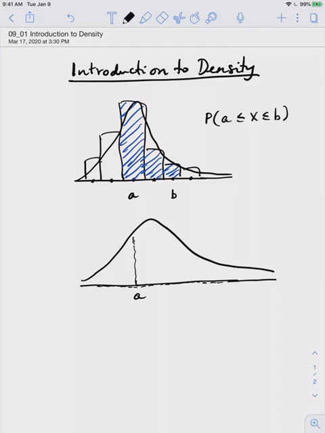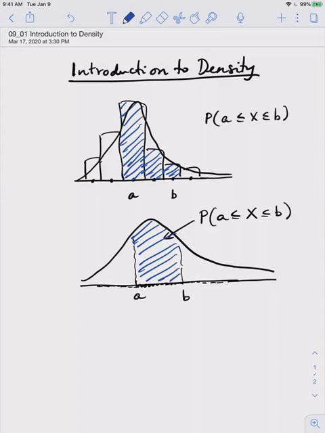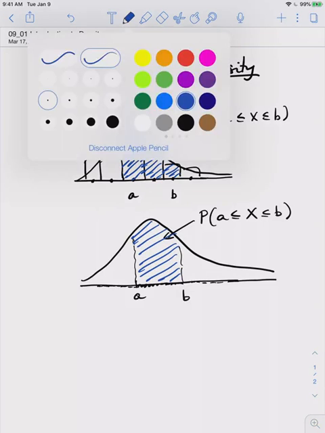So you have the point A and you have the point B. You can try to represent the probability that your random variable is in the interval A to B, and now we include every single point in the interval A to B, by the area under the curve between A and B, which is, of course, an integral.